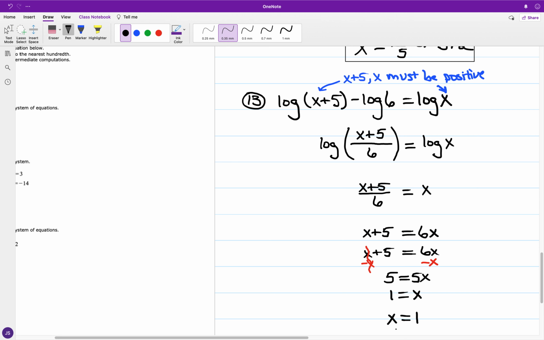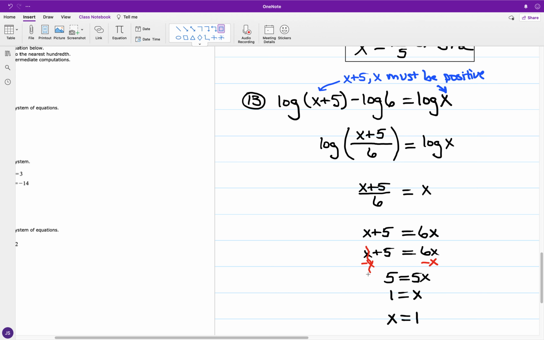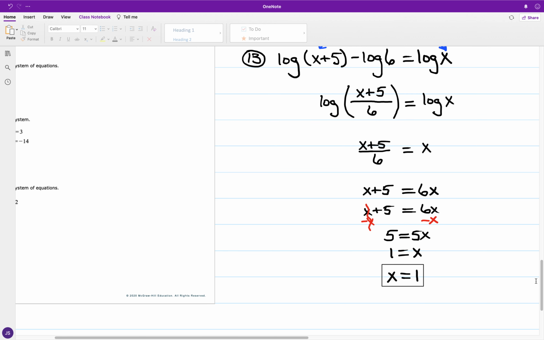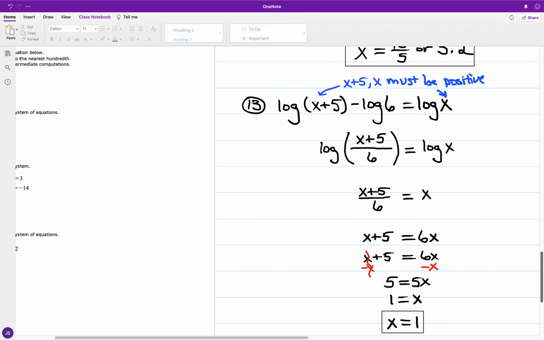Okay, so we have x is equal to 1, and just checking, 1 plus 5 is 6, that is positive, and x at 1 is positive, so this value does check out upon inspection. So 1 is going to be the solution for number 13.